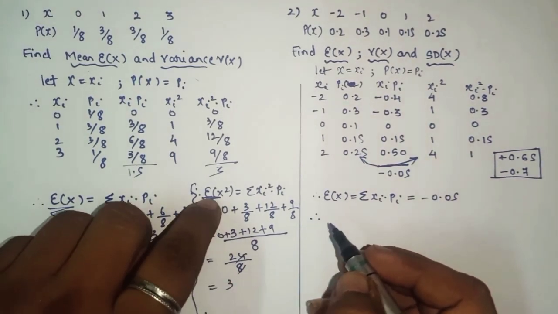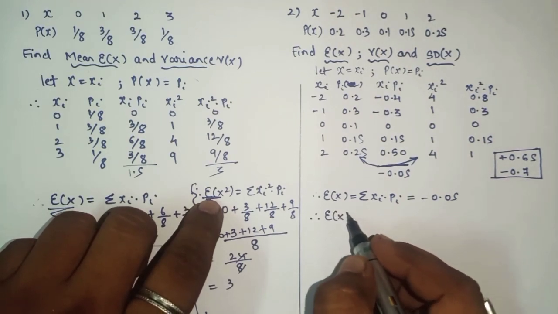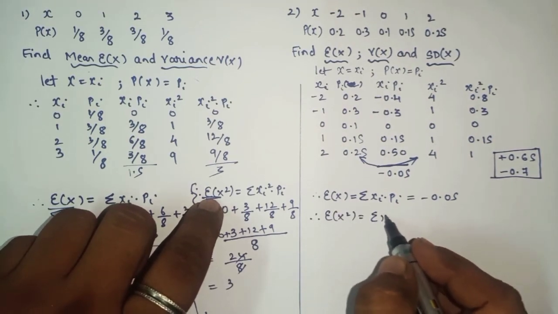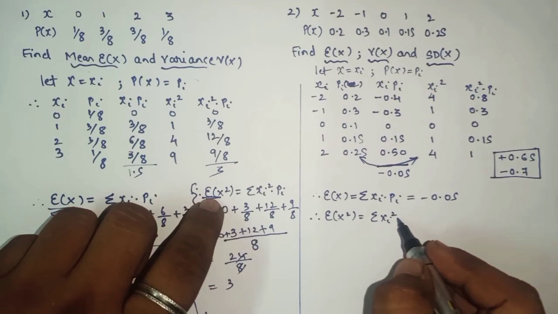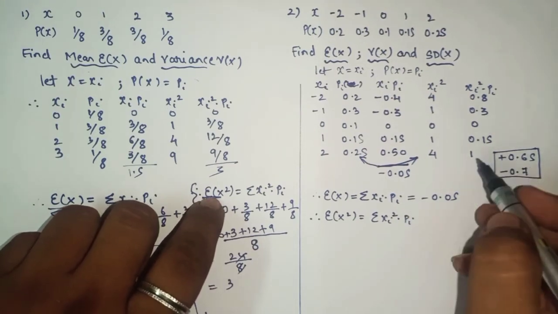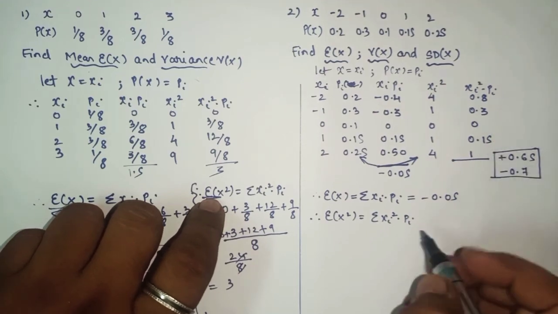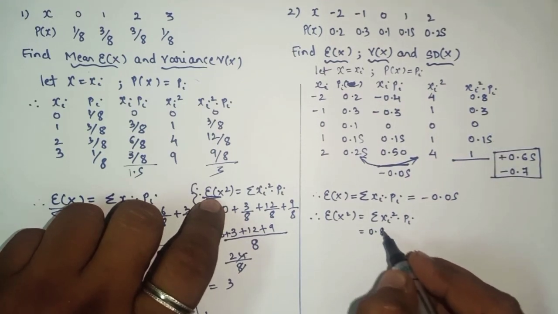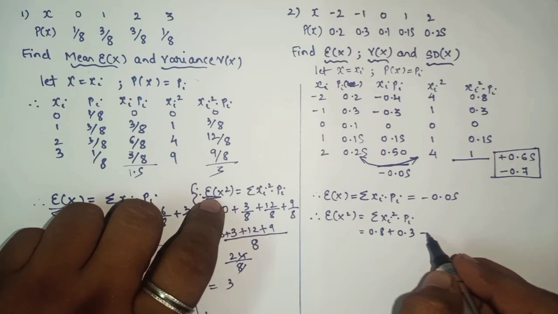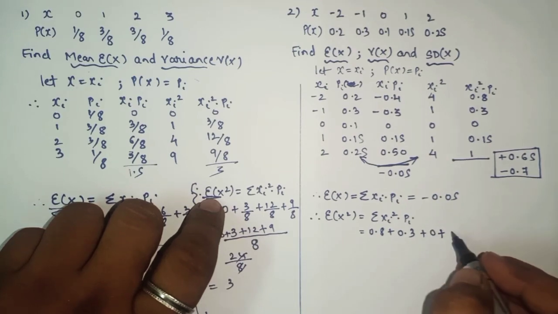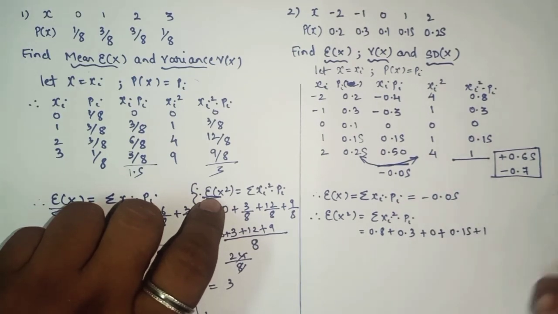Okay, and what is the second one? It is E of x square. So what is the formula? It is the total of xi square into pi. That means you have to find the total of the last column. As here we have 0.8 plus 0.3 plus 0 plus 0.15 plus 1.